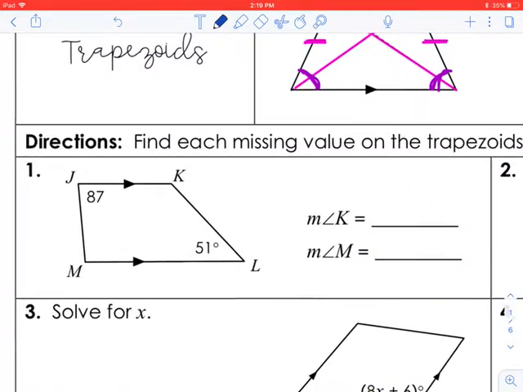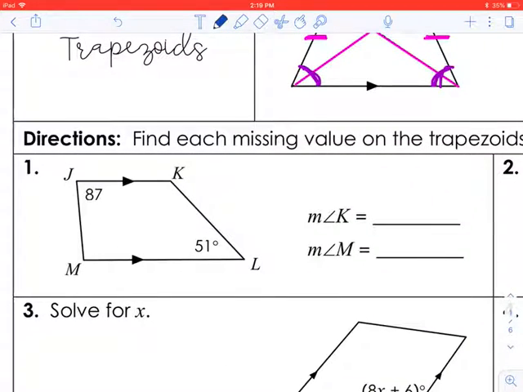Looking at number 1, 87 degrees and 51 degrees. Well, 51 and 87 don't really have anything to do with each other. But what it does tell me is that this angle and this angle add up to 180. So I can use 51 to say, okay, 180 minus 51 is going to give me this angle, which is 129.